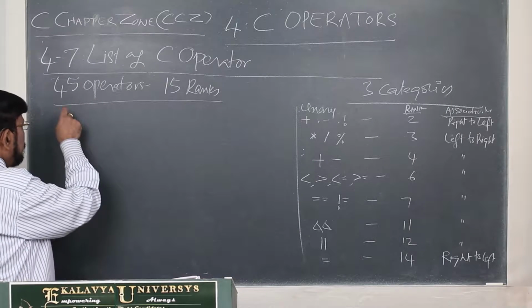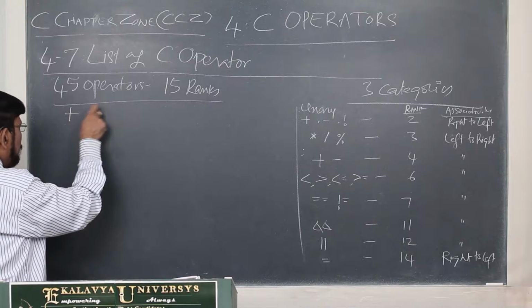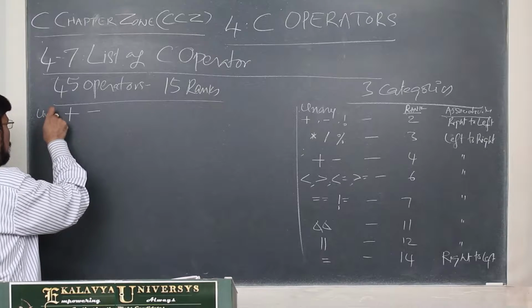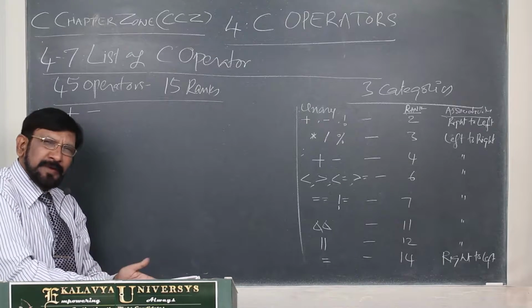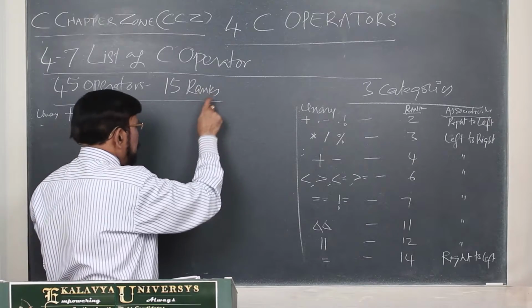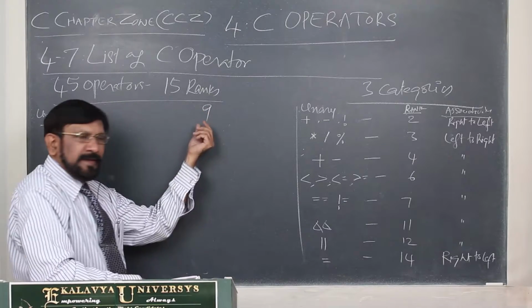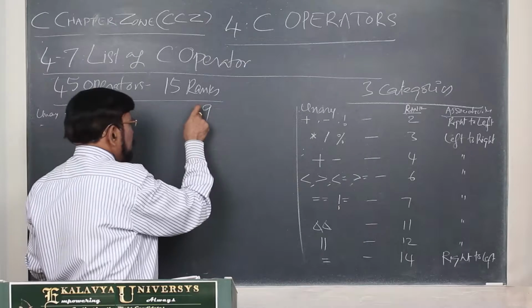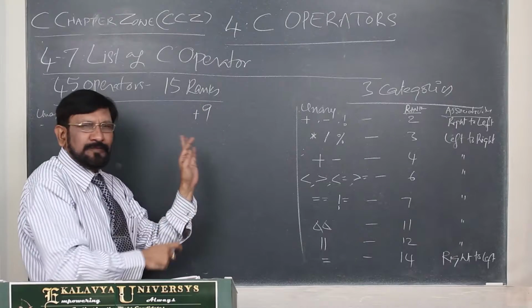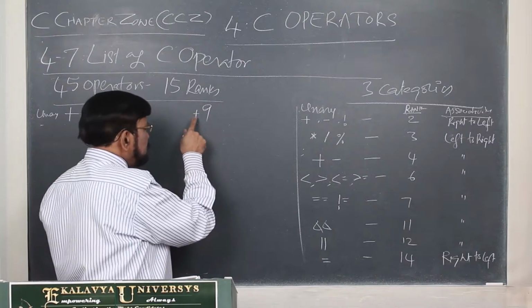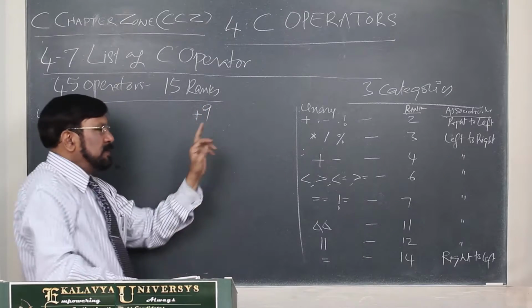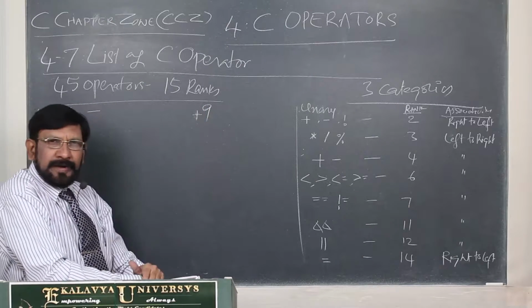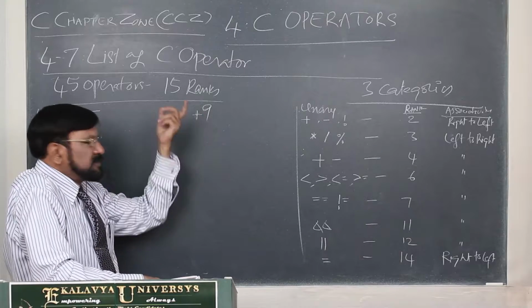First, I am taking unary plus and unary minus. Unary plus is by default. Suppose you write 9, what 9 is it? Plus 9, by default. This is a unary operator. Why is it unary? It acts upon one operand and defines its status.